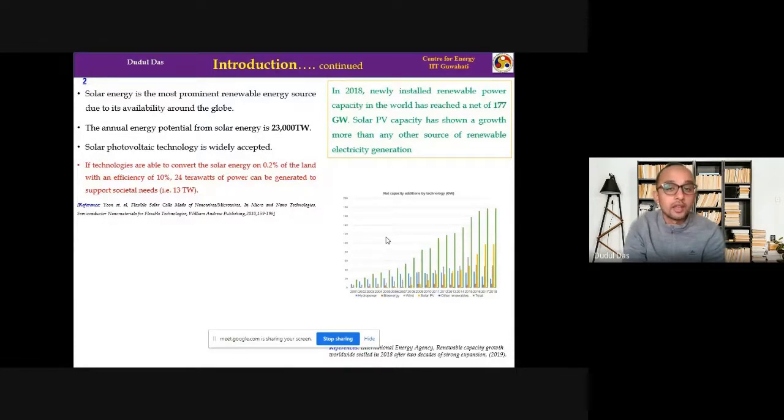That means this is a very important system if we think from the need perspective. And in 2018, around 177 gigawatt of renewable energy was installed all around the globe. And out of that, solar PV was maximum. You can see this graph where the green bars represent the solar energy share among the renewables. So this is the highest.